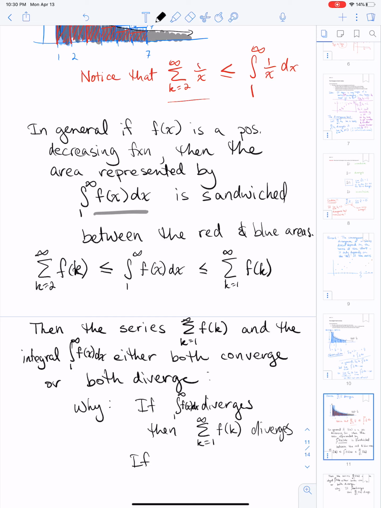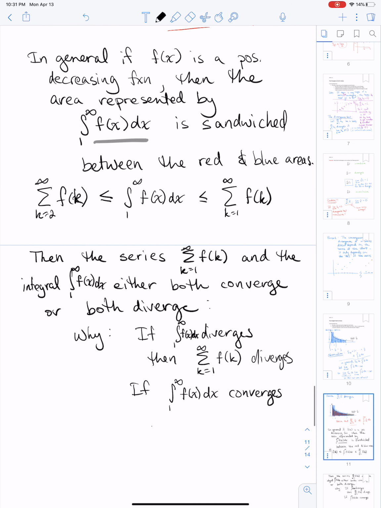And if the integral from 1 to infinity of f of x dx converges, then the sum from k equals 2 to infinity is less than that, and so that sum converges.